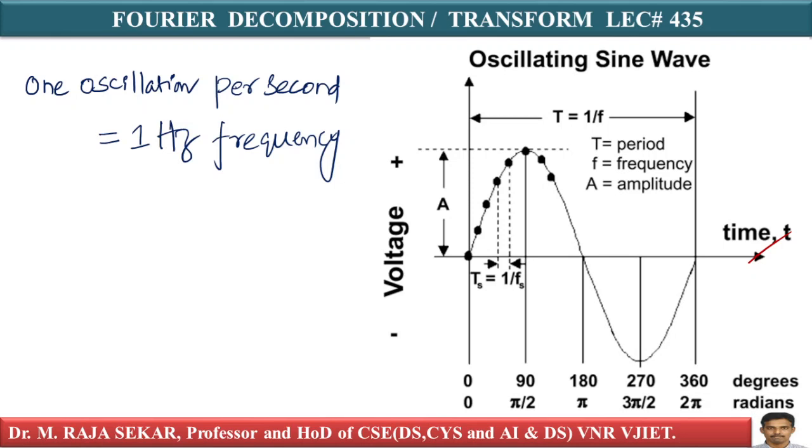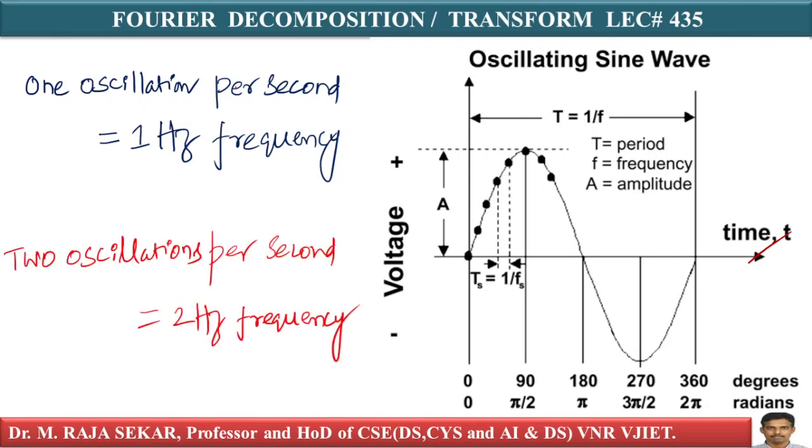Frequency is measured in hertz. Suppose it makes two oscillations per second, then we say that it has 2 hertz frequency. That's what frequency means. Frequency is a very important concept, especially for repeating waves.